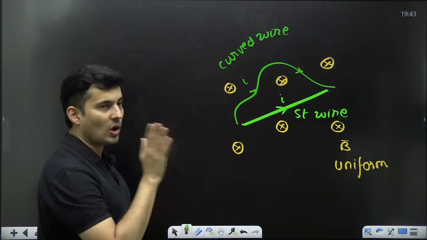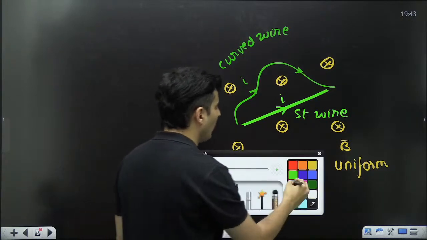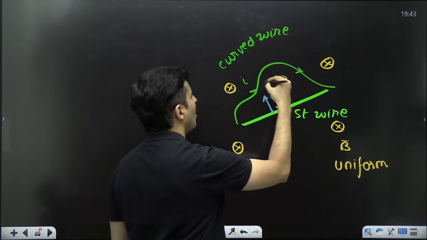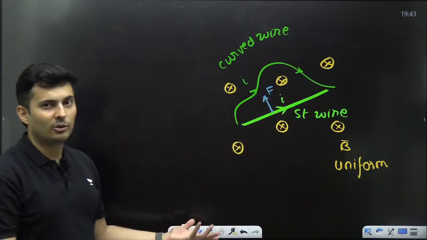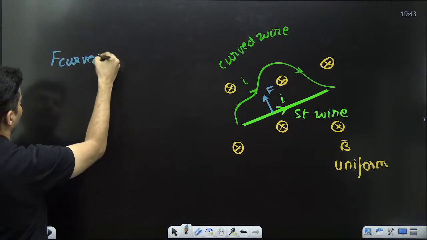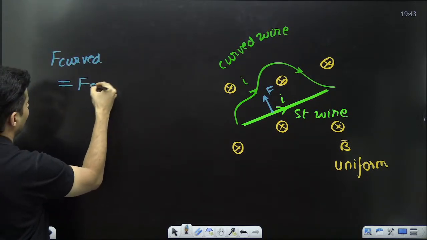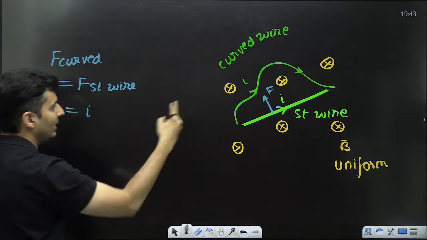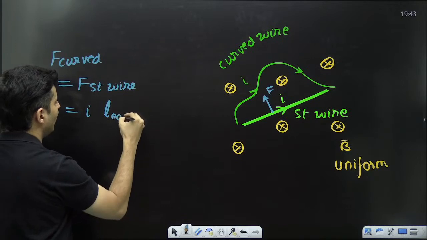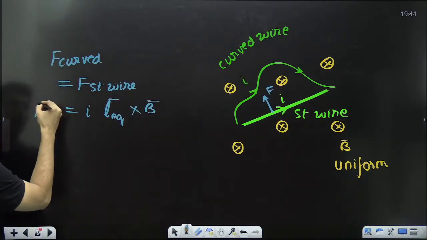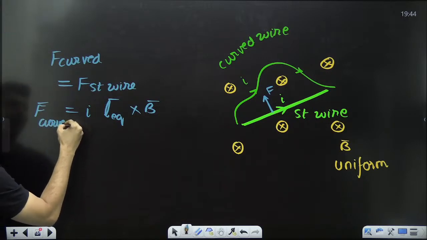Whatever force acts on the straight wire also will act on the curved wire. So basically the force acting on the curved wire is the same as the force acting on the straight wire. Let's say the equivalent length is L, so L equivalent cross B. That is the formula for the force acting on a curved wire.